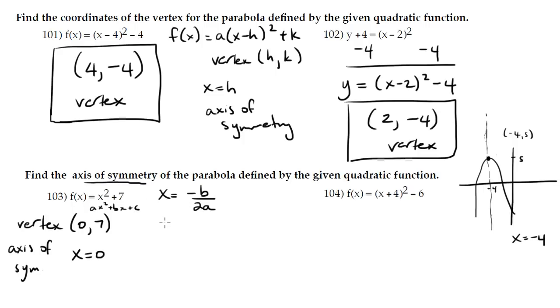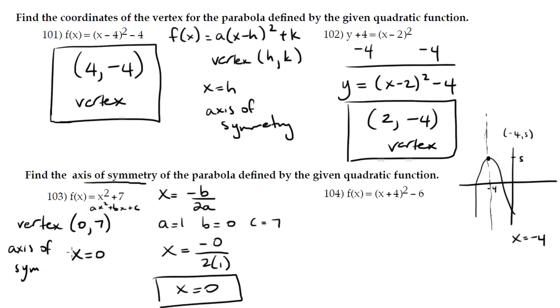In this case, a equals 1, b equals 0, because there's no x term, and c equals 7. So if I use this definition of the axis of symmetry, negative 0 over 2 times 1, we still get x equals 0 as the axis of symmetry either way.